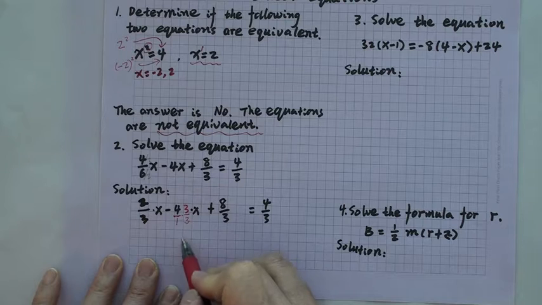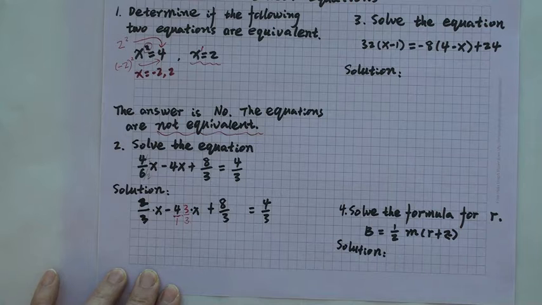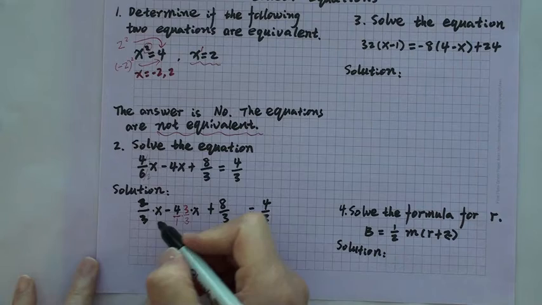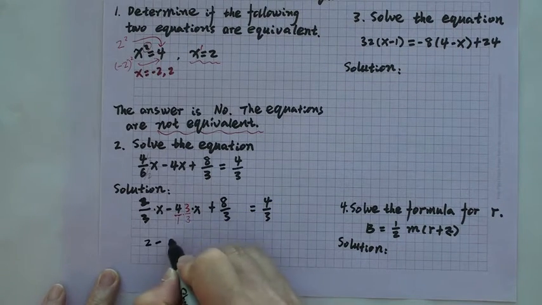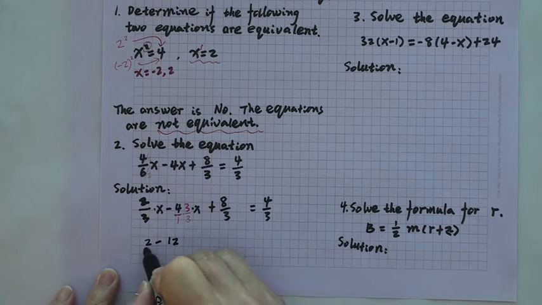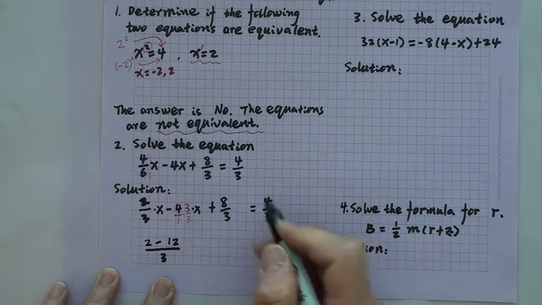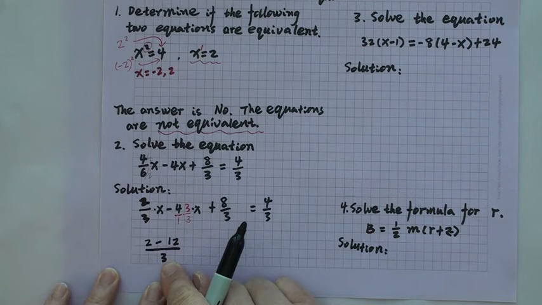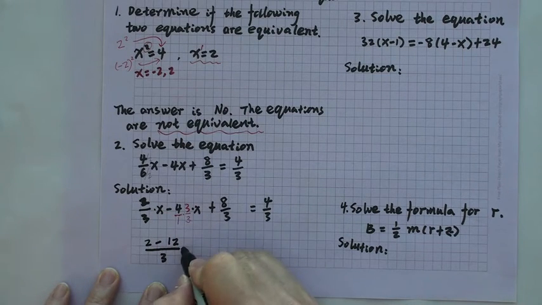Then 1 times 3 gives us 3, so the denominators are the same. Then you get 2 minus 12, since 3 times 4 is 12, over 3. Because the denominators are the same, you can keep the denominator and only subtract the numerators. And again times x.